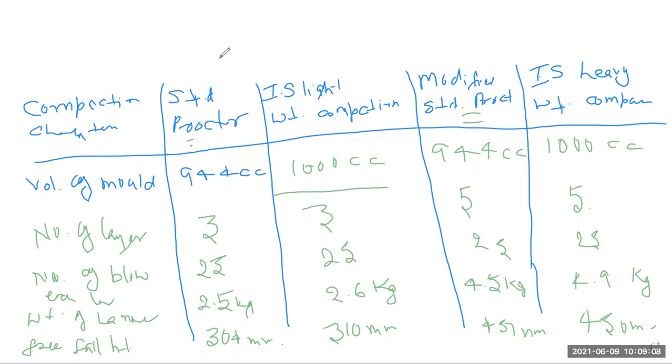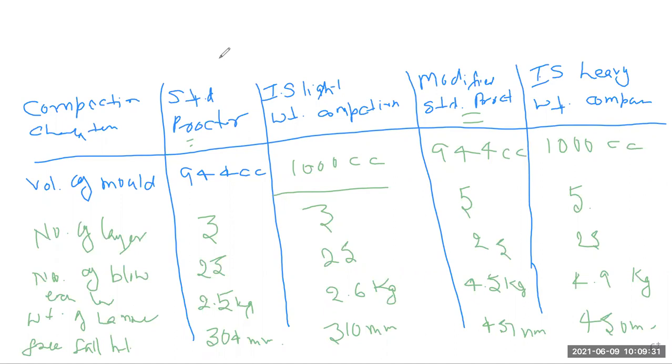Then the quantity of water to be added in the first trial is kept at 4 to 10% of the total weight of soil. And then the process starts.